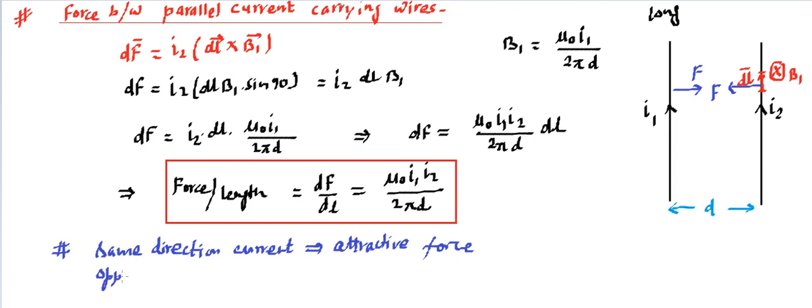If you have opposite direction currents, then the force will be repulsive in nature. So by looking at the direction, we can claim whether the force is attractive or repulsive, and this is going to be the magnitude in either case. Well, so that is the force between two parallel long current carrying wires.